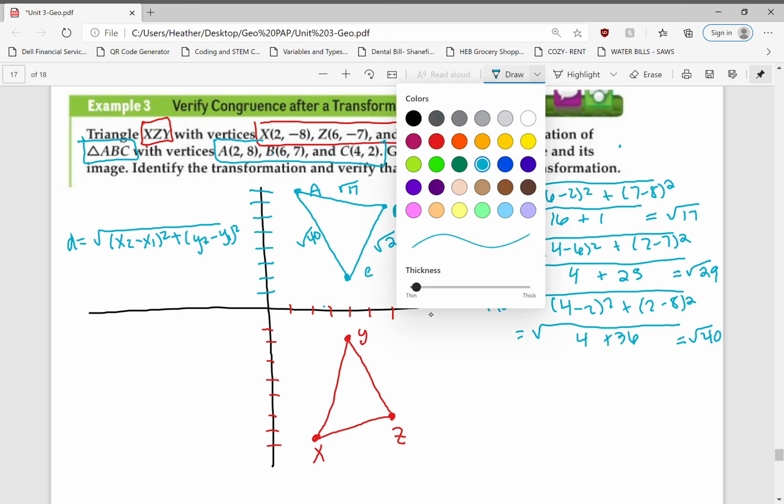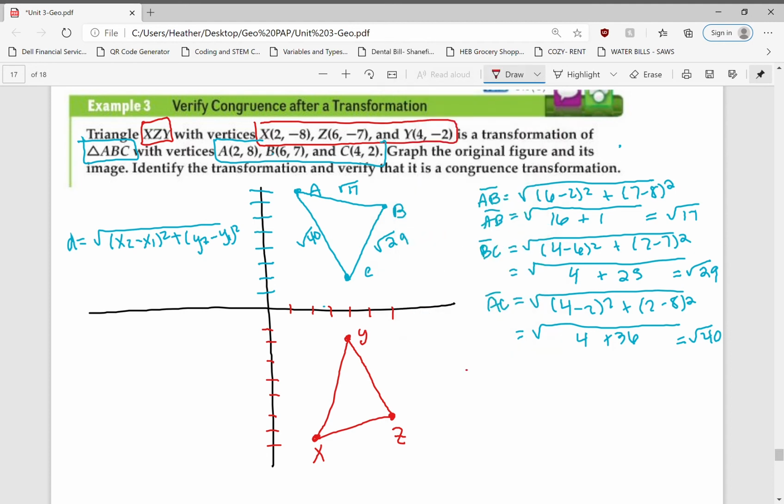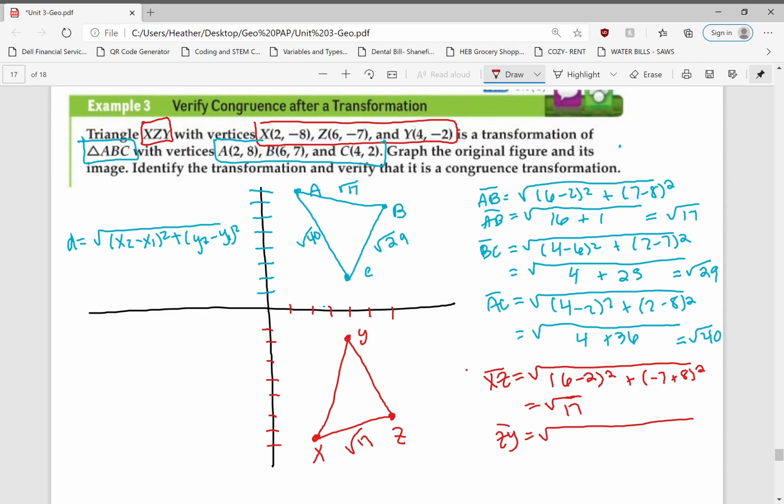I'm going to change my color to red so we can see the difference. Now I have to find XZ: the square root of 6 minus 2 squared plus negative 7 plus 8 squared, and I get the square root of 17. ZY: 4 minus 6 squared plus negative 2 plus 7 squared, and I get the square root of 29.